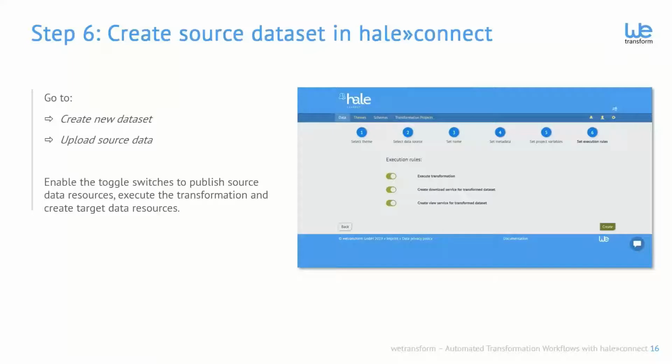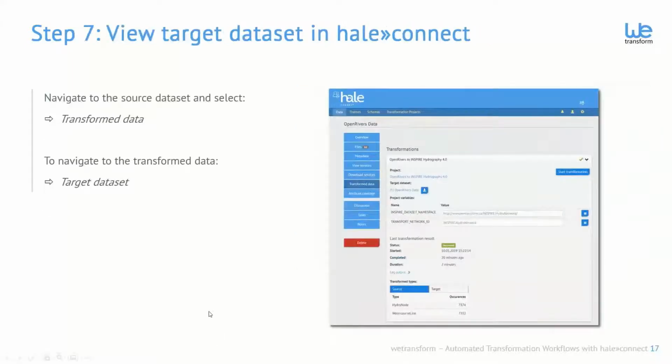There's a series of options you can choose. And finally, after your transformation project runs, and after your target data set is created and published, and the view services and the download services are published, you can view your transformed data set on Hale Connect. And that is what I would like to show you now. So let me just go back to Hale Connect.